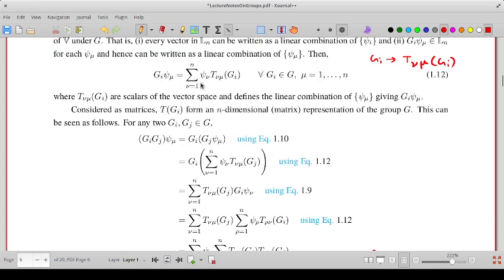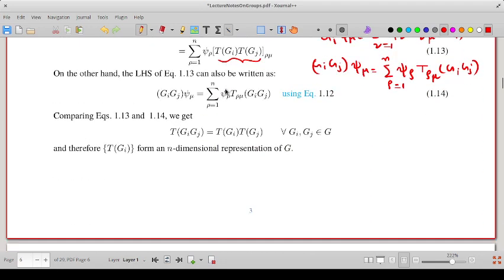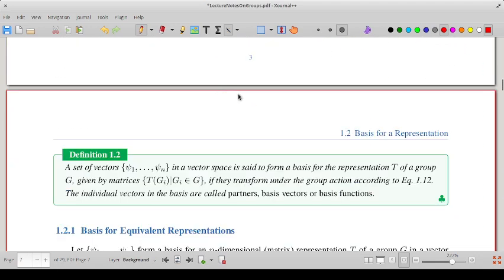Then these basis vectors that we have used to find these representation matrices are called the basis vectors, or the partners, or the basis functions of the representation.